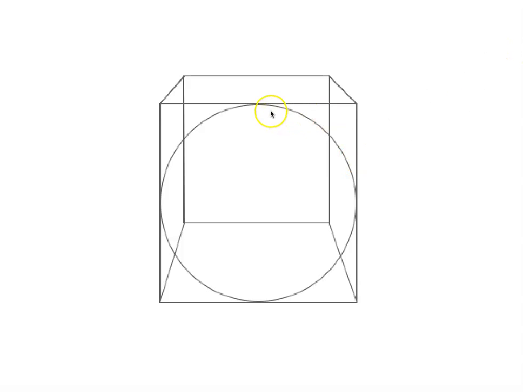So let's take a look at what would happen if we put a circle into the top and bottom planes of this box and then made them fit in there correctly. So I'm going to take a look at another circle.